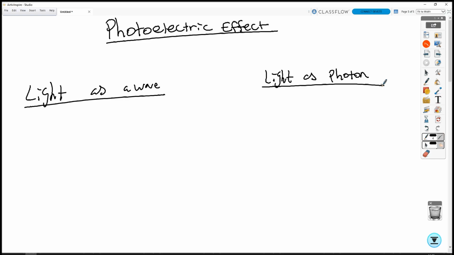You have a gold leaf electroscope, and you charge the gold leaf electroscope. You shine some ultraviolet light onto the zinc plate on top, and you observe that the gold leaf collapses. The explanation is that as it was charged, the gold leaf was being repelled due to excess charges, which are electrons, being stored on the leaf.